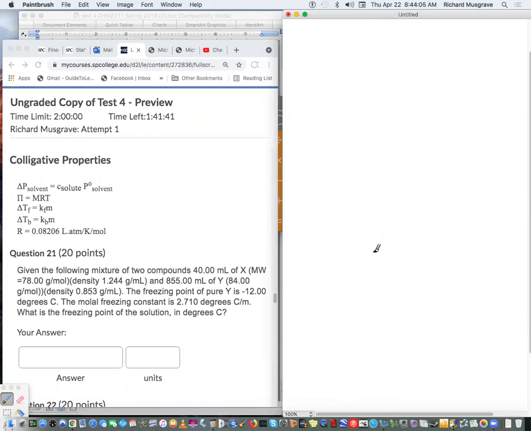All right, so for this one, we're looking for the freezing point of the solution, and here we're given 40.00 mils of X and the mils of Y as well. Now what we're trying to do here is apply this formula, which is given to us here, delta TF is equal to KFm.